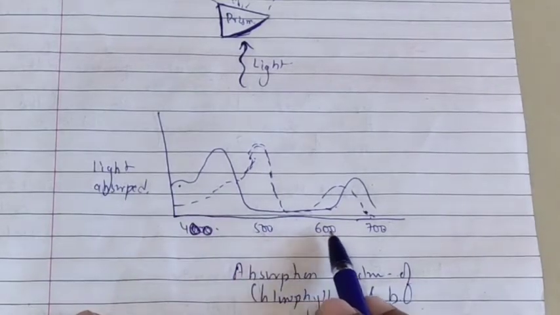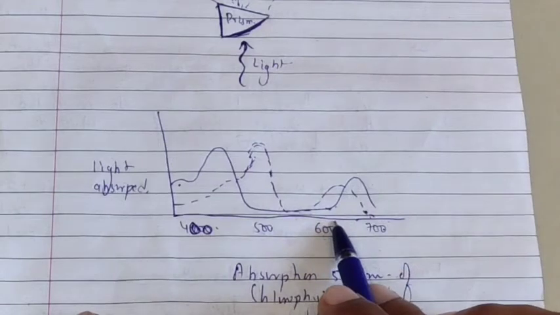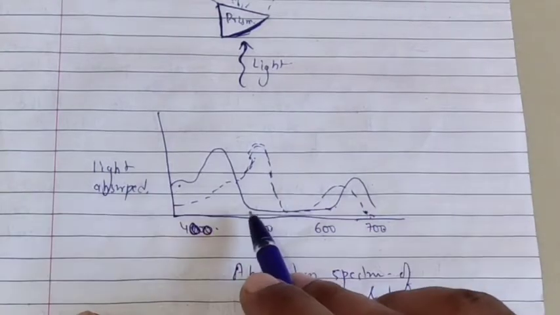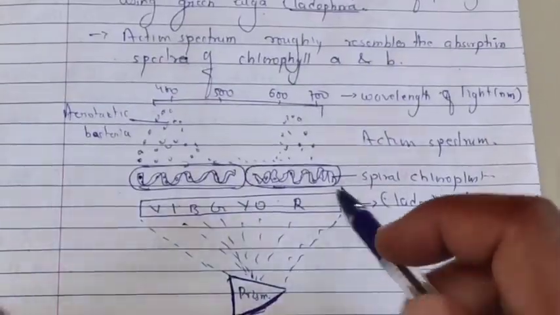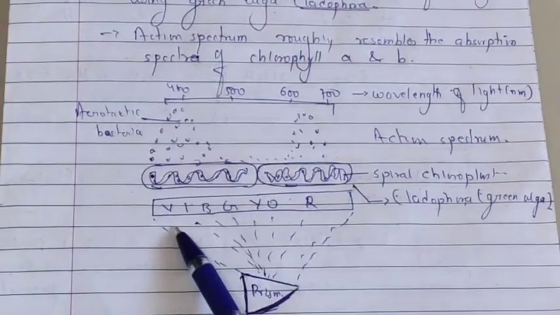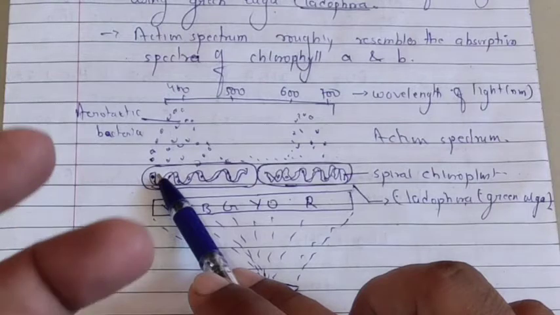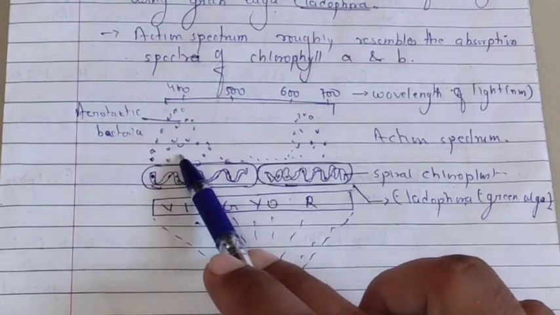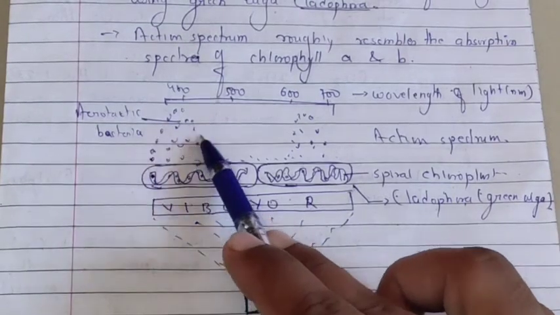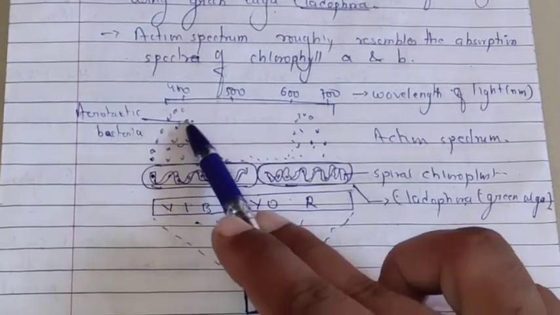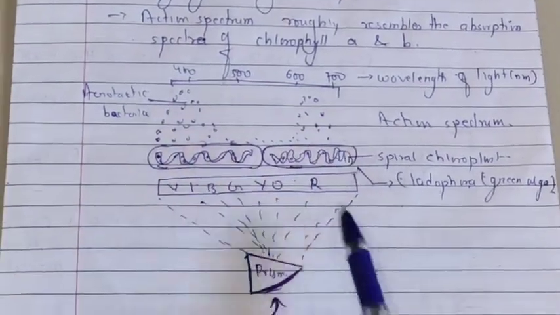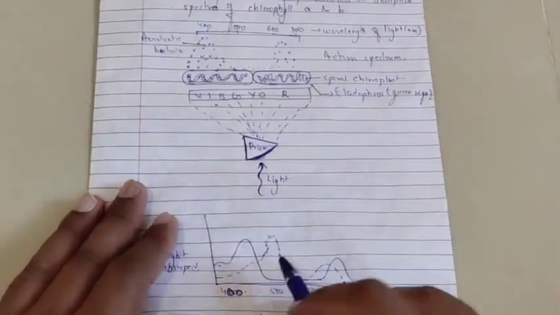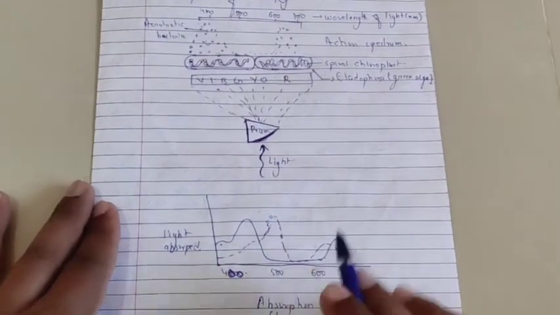We can also see a peak between 600 and 700 nanometers. These two peaks of chlorophyll A and chlorophyll B resemble the action spectrum. Action means that in this particular wavelength the Cladophora uses the light for synthesis of food, that is photosynthesis, so it releases oxygen. Because of the oxygen, the aerotactic bacteria accumulate in this region. This forms a graph-like structure that roughly resembles the absorption spectrum of chlorophyll A and chlorophyll B.